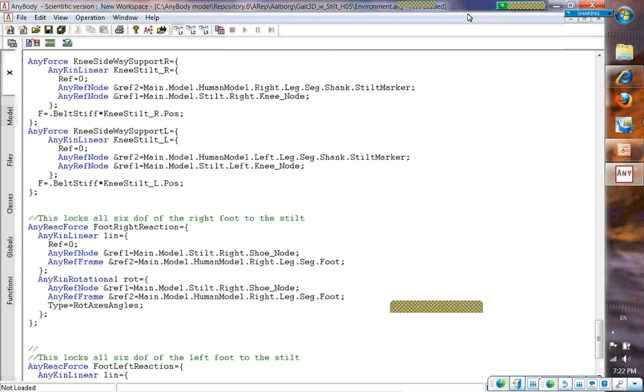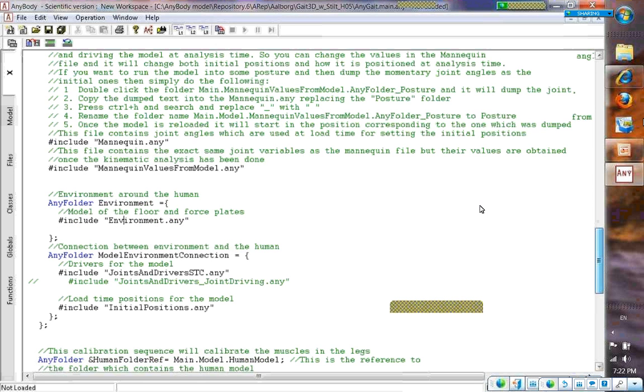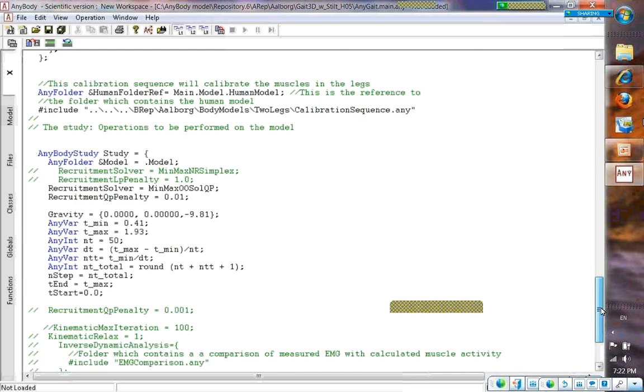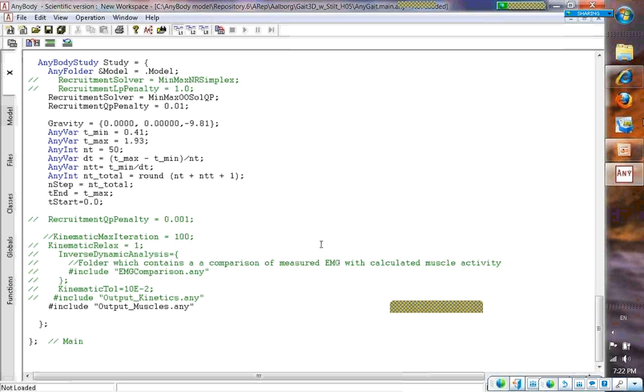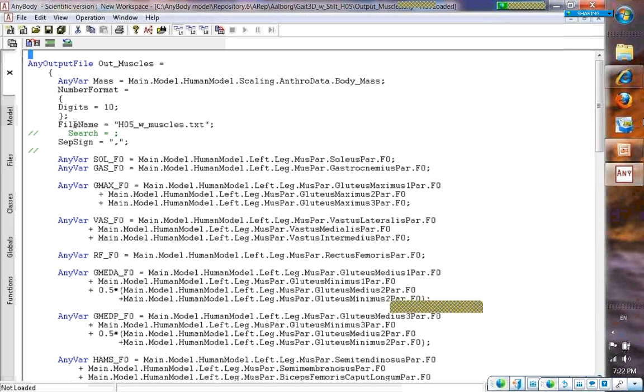Another trick in the program is because this body system is a 3D output with so many muscles, it's difficult to organize the results. So one trick we do here is we wrote a subroutine, output muscle. Then using this program, you can collect all the data.